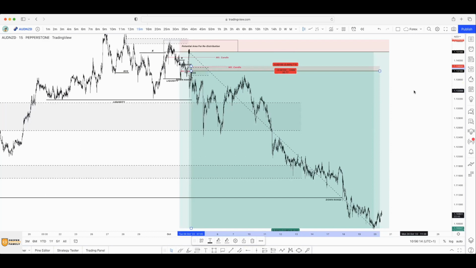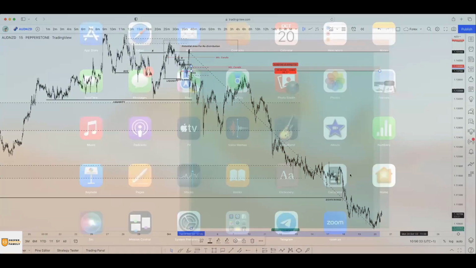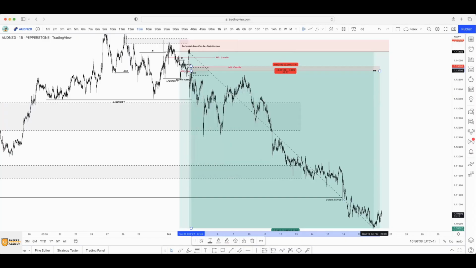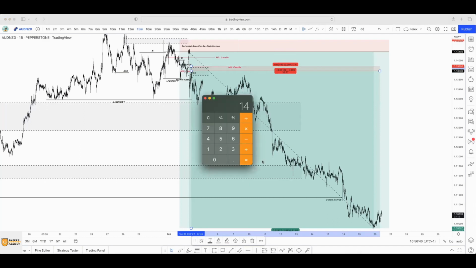I mean, the entry at the top happened before the entry down, but still the entry down was able to more than double it. So let's do this. 14.69 multiplied by 2, that's about 29.